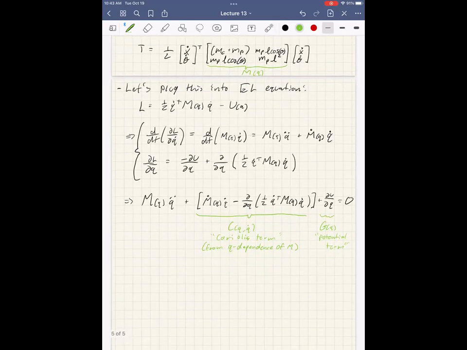So if I write this all together now, my Euler-Lagrange equation is equivalent to this guy. And we call this the manipulator equation.